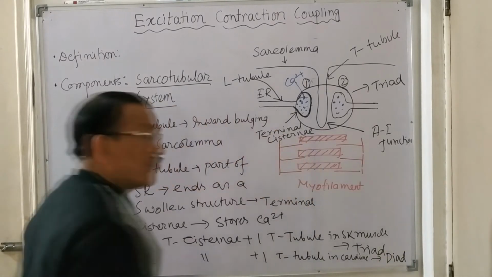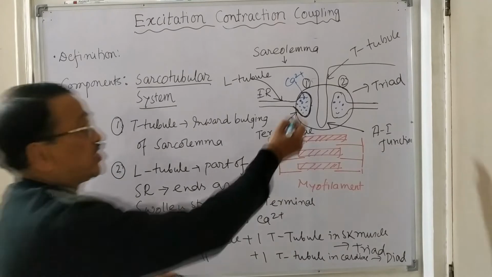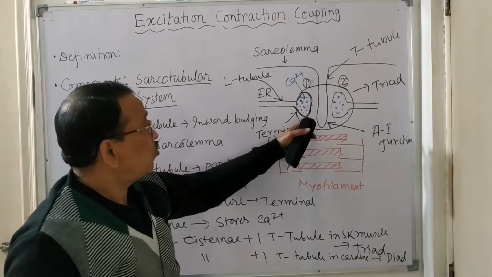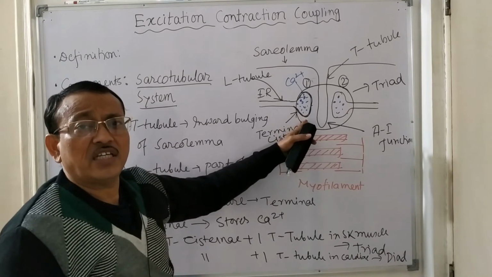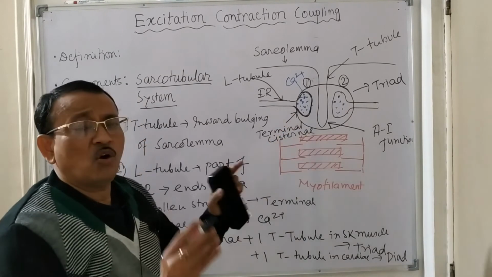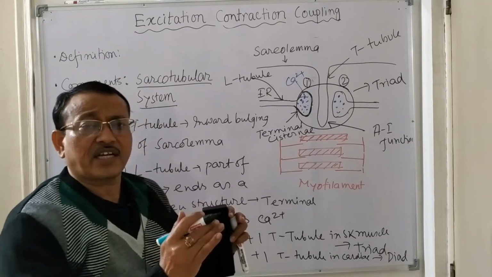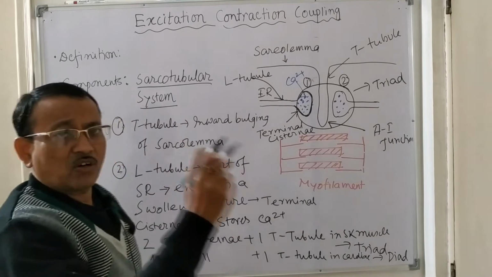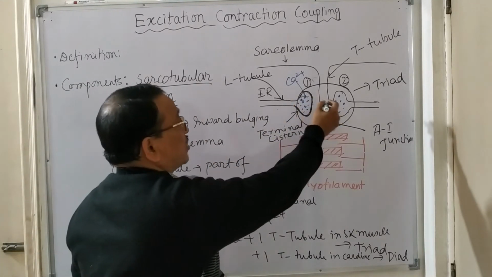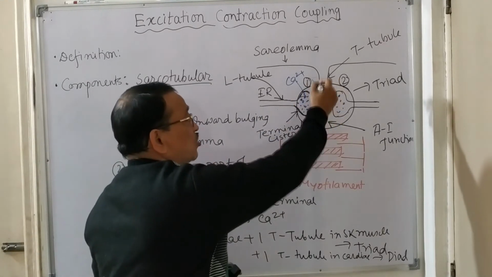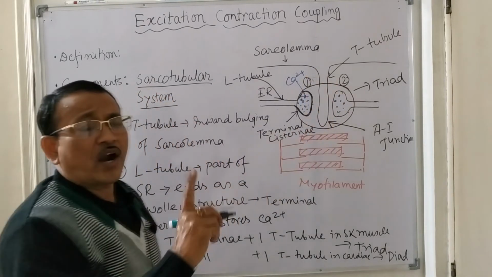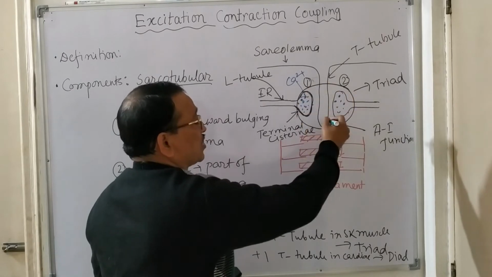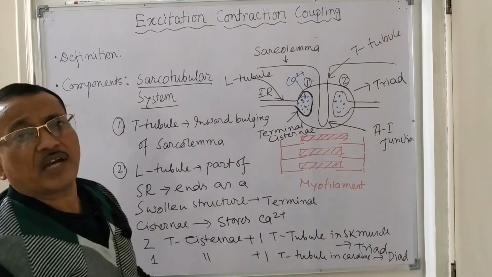In cardiac muscle the structure is known as a dyad because one T-tubule is functionally connected with one terminal cisternae. But in skeletal muscle, one T-tubule gets connected with two terminal cisternae. So in a sarcomere, two terminal cisternae are closely associated with one T-tubule, and this structure is known as the triad in skeletal muscle and dyad in cardiac muscle.